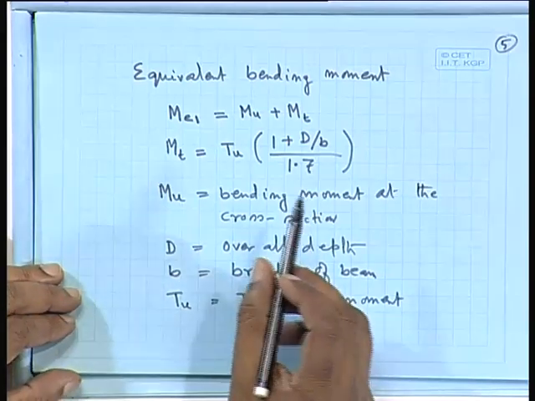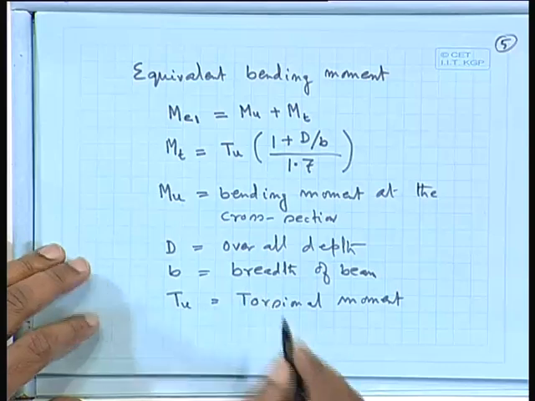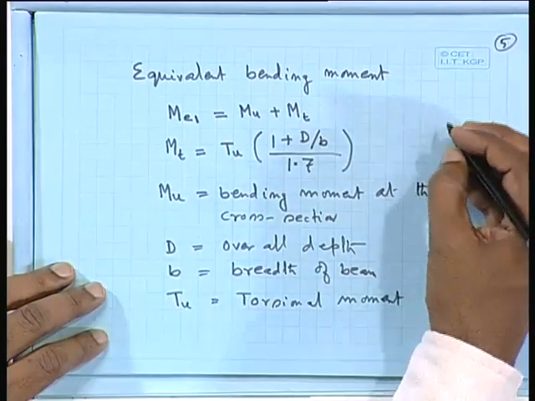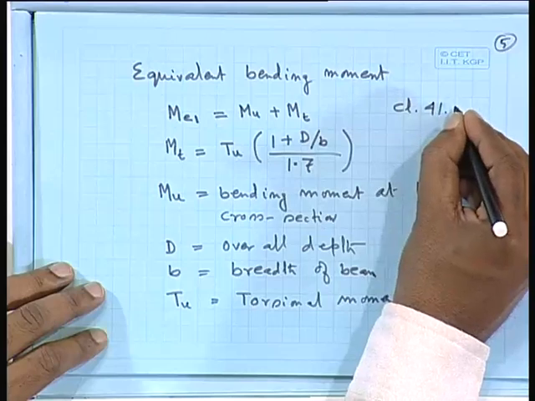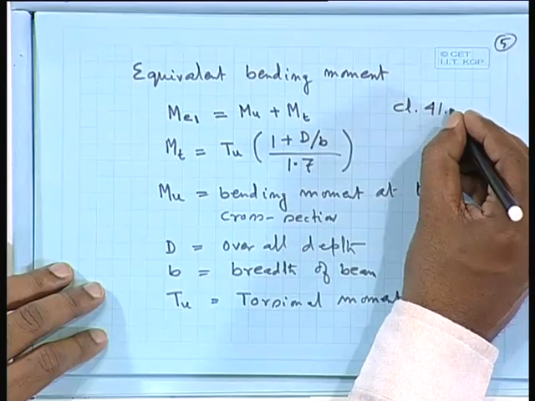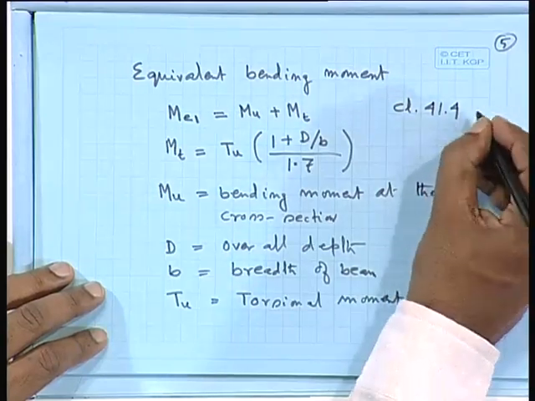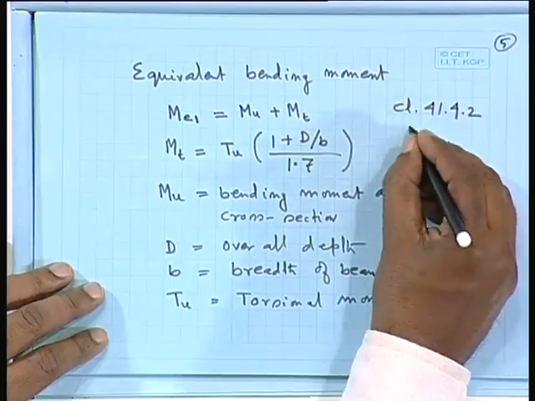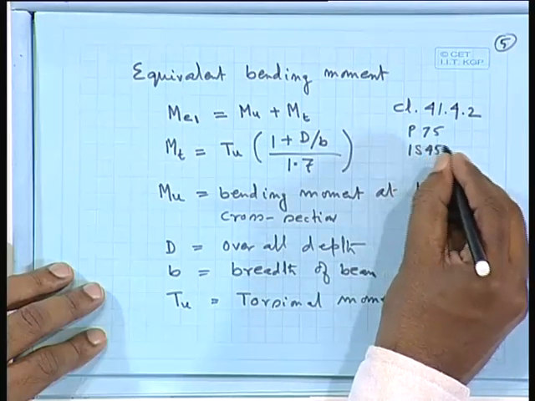So ME1 equals MU plus MT, and this is available in clause 41.4, to be more specific 41.4.2, page 75, IS 456 2000.